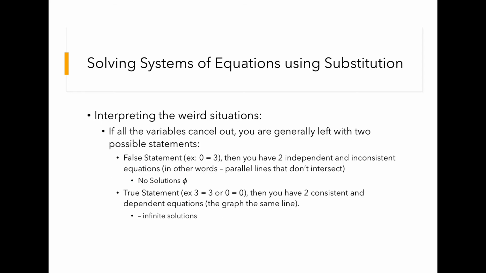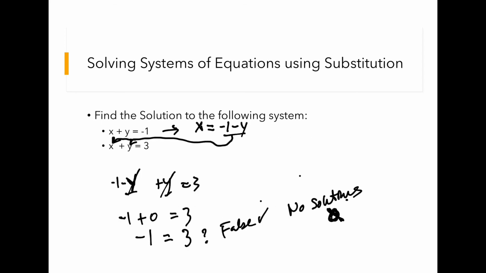Let me take you right back to this other one here. This is the one where we had no solutions. Notice that it's x plus y equal to -1 and x plus y equal to 3. This one wasn't even disguising itself very much. Notice that they're both, on the left-hand side, a sum of x and y.